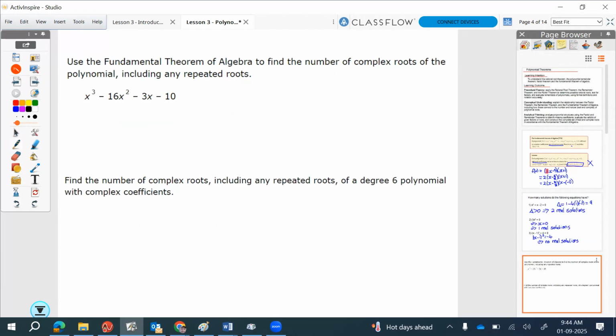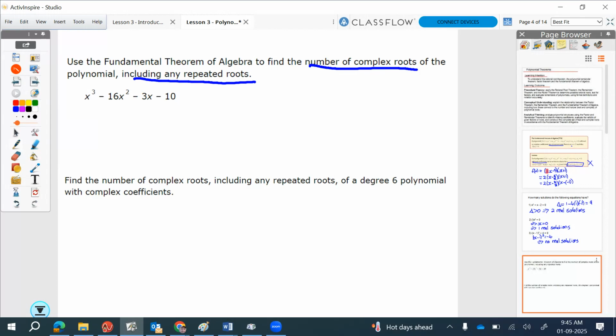Now, when it comes to use of the fundamental theorem of algebra, we're looking for the number of complex roots, including any repeated roots.